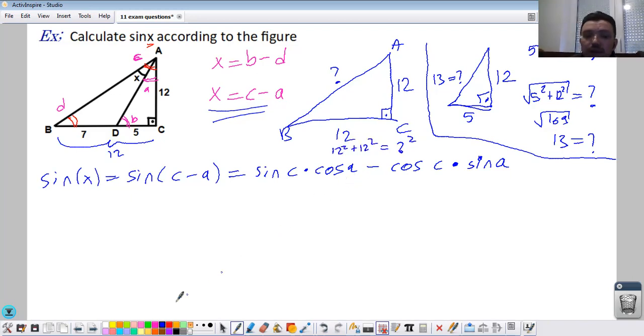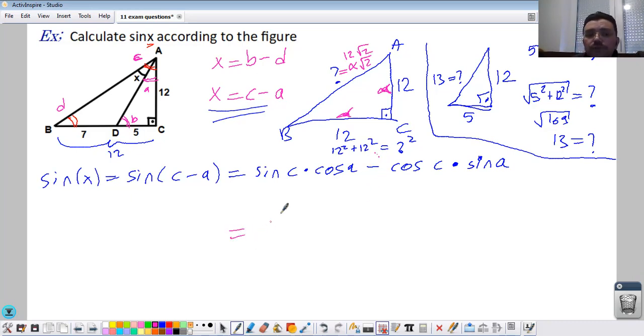But if you realize that this is also a special triangle, where the two legs are the same size, let's use alpha in here because A we already have used. So the third side turns into alpha square root of 2, which is 12 square root of 2. You can also get this result by using the Pythagorean theorem in here.